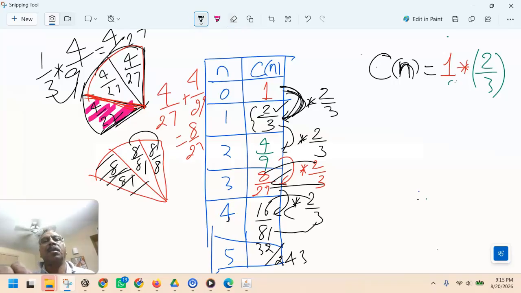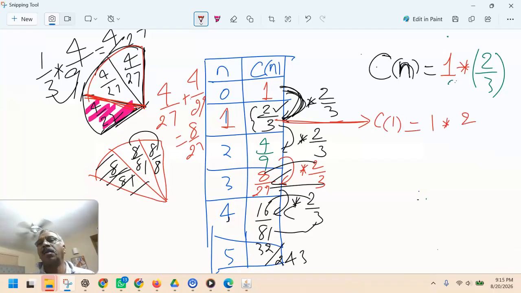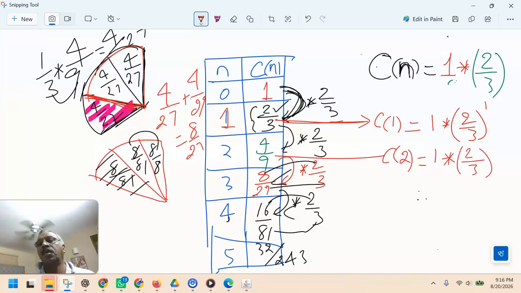Basically this answer, in this case, is C1 because there's a 1. So the fraction of the cake remaining is the 1 in the beginning and 2/3 raised to 1. This answer is the cake remaining when the second student eats the 1/3. So it's like 1, so 2/3 raised to 2.